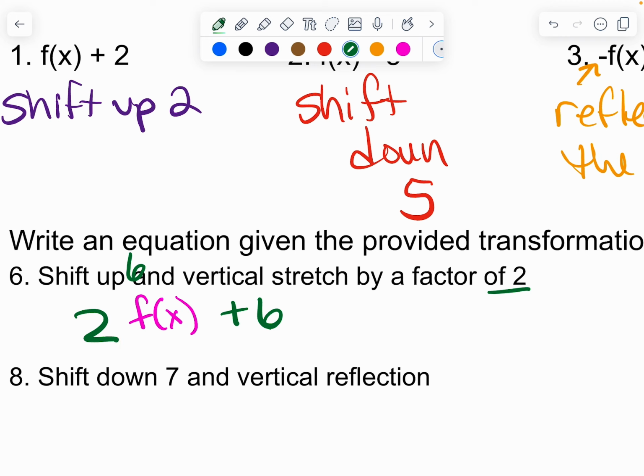And that's all you do. We're going to do the one that's right below it, just so I don't have to move the thing. Again, it says a shift down of 7, so minus 7. And a vertical reflection. So I have a minus in front of the f of x. Everything is on the outside.